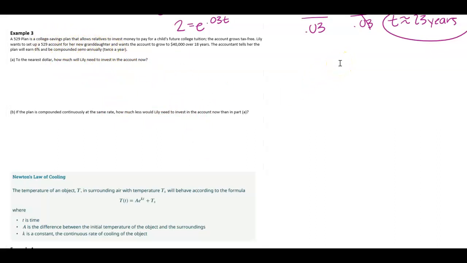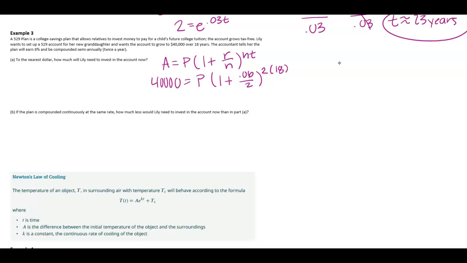Well, let's set this up. Since it's not compounded continuously, it's not an e function. We use A equals the principal amount times 1 plus the rate over the number of times a year, to the power of nt. The amount that we want is 40,000, and I'm trying to solve for the principal. I do my rate over the number of times a year, and then I want to make sure that I plug in for n and t.